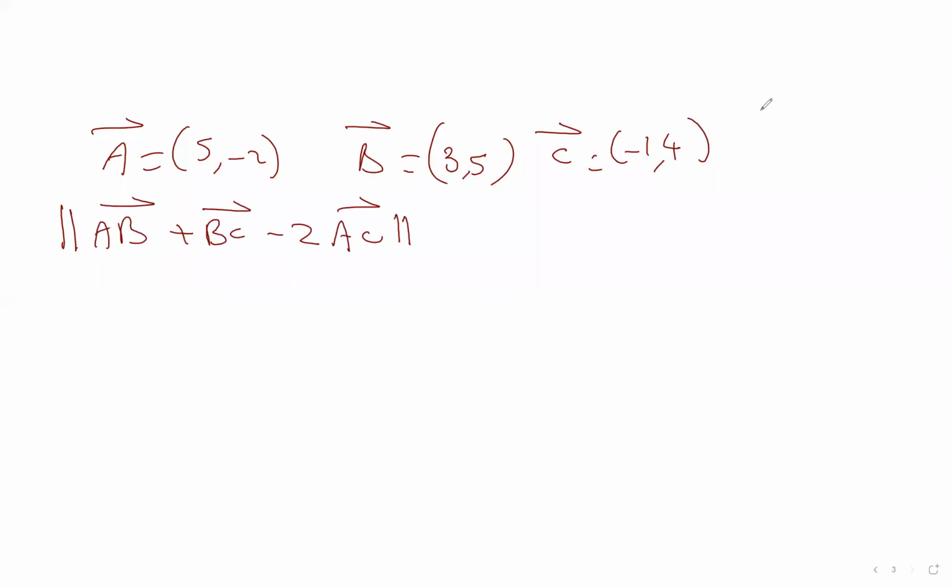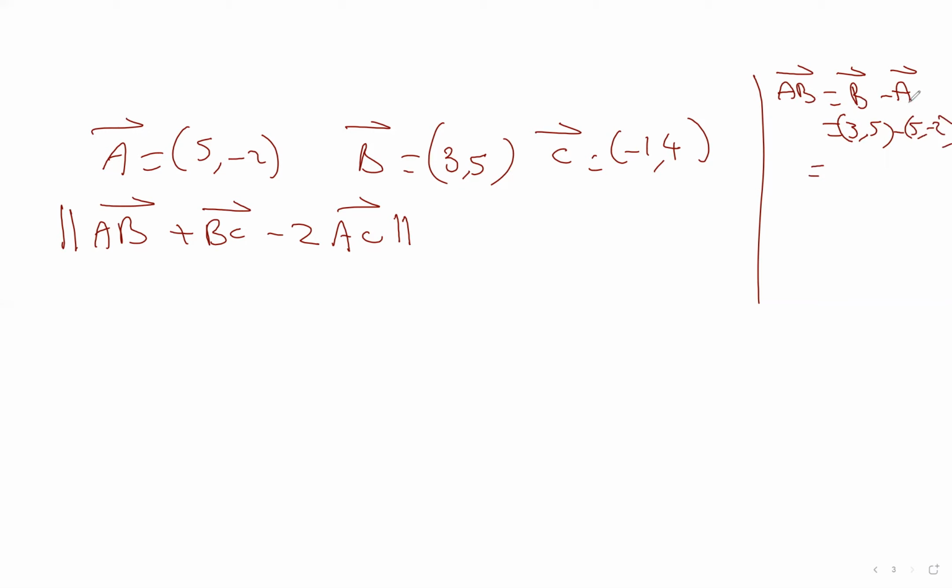Let's see. First, to find the vector AB means vector B minus vector A. Vector B is (3, 5) and vector A is (5, -2). You understand?